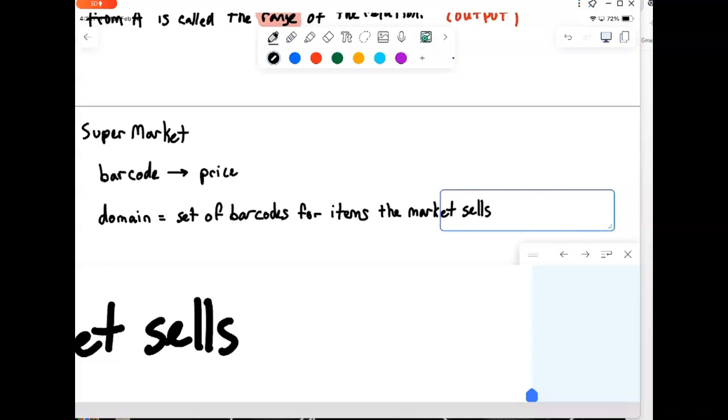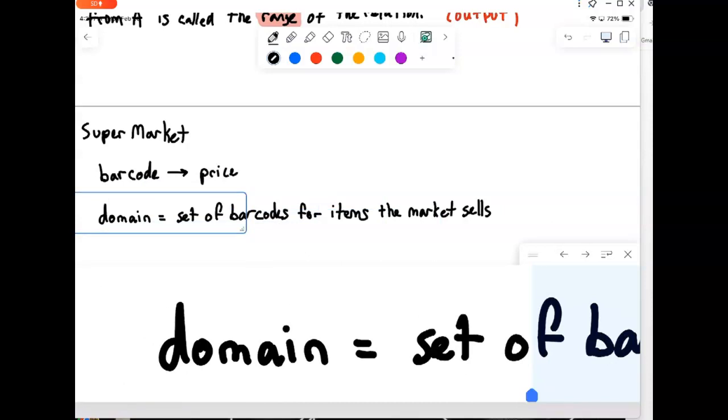It's not set up to read that. Or, if you took a graphing calculator that you bought at Walmart and brought the box into the supermarket and scanned it, it's probably not going to read it unless that supermarket happens to sell that item. So only the things that the market sells are going to be a part of the domain.